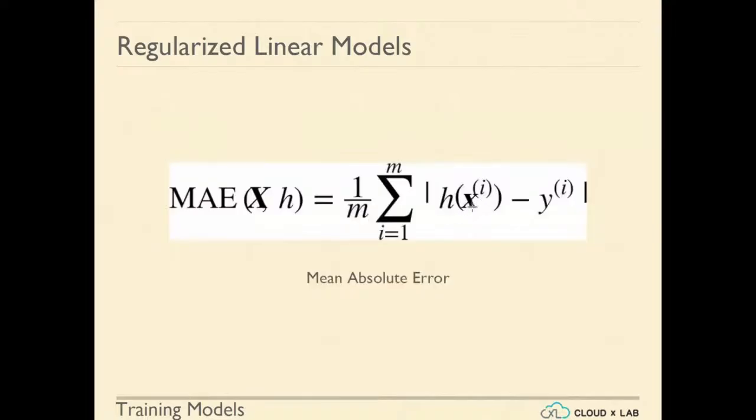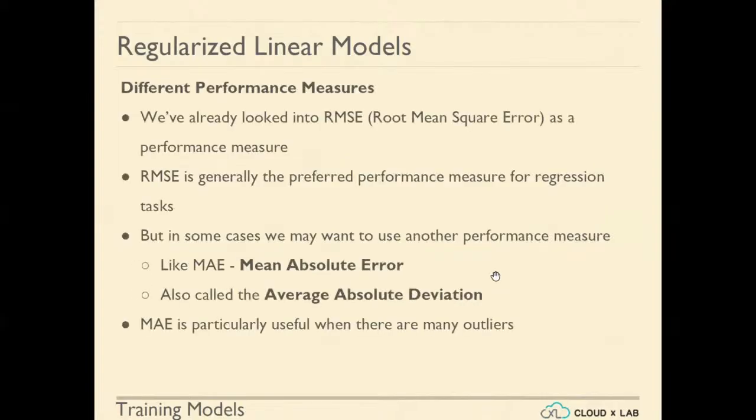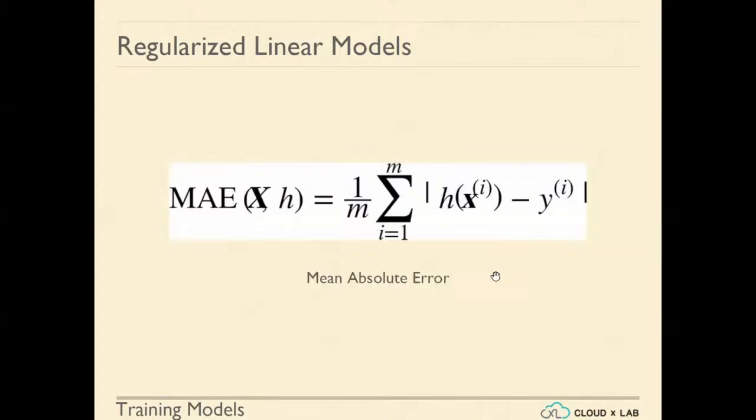Now this can be a scalar or a vector, depending upon how many features we have. For example, if you are solving a multi-output regression problem, in that case we may get a vector also, right? So this is the formula for MAE.